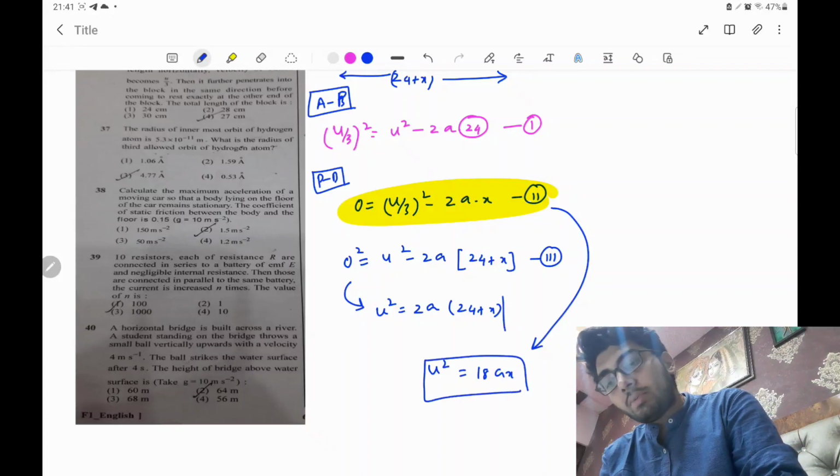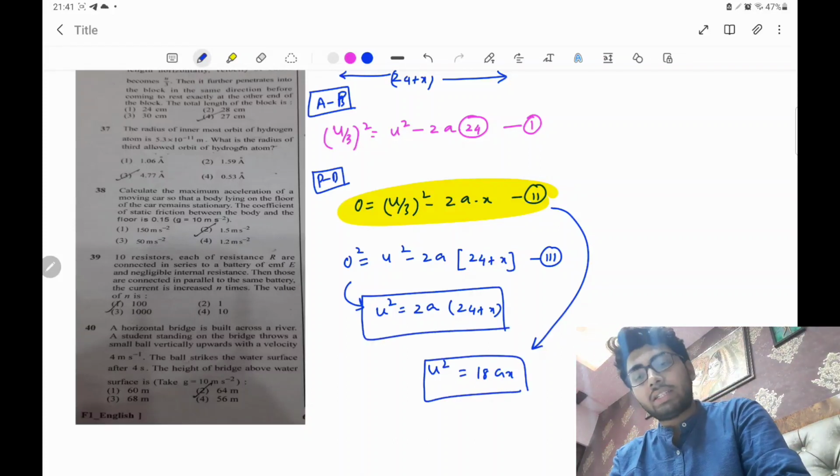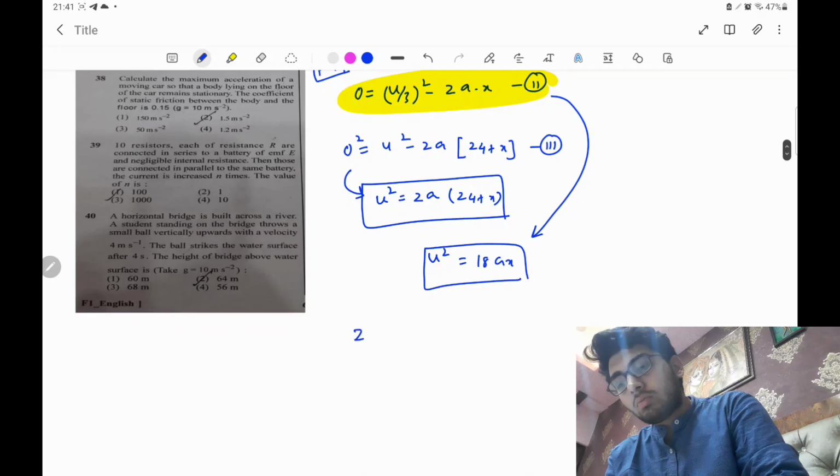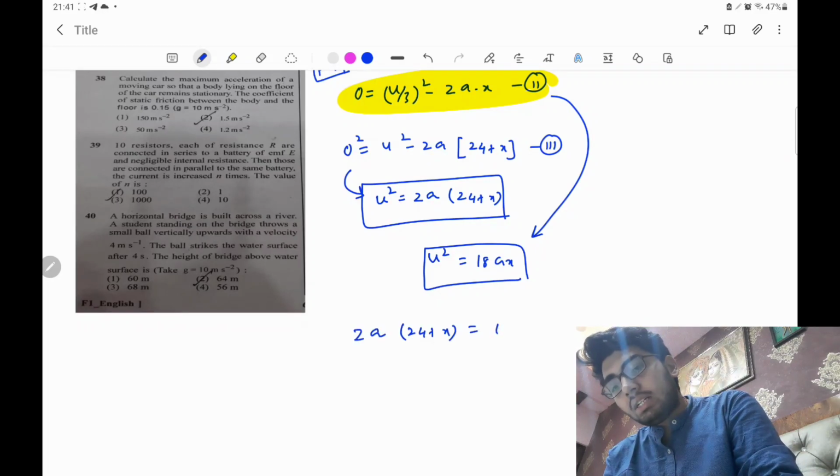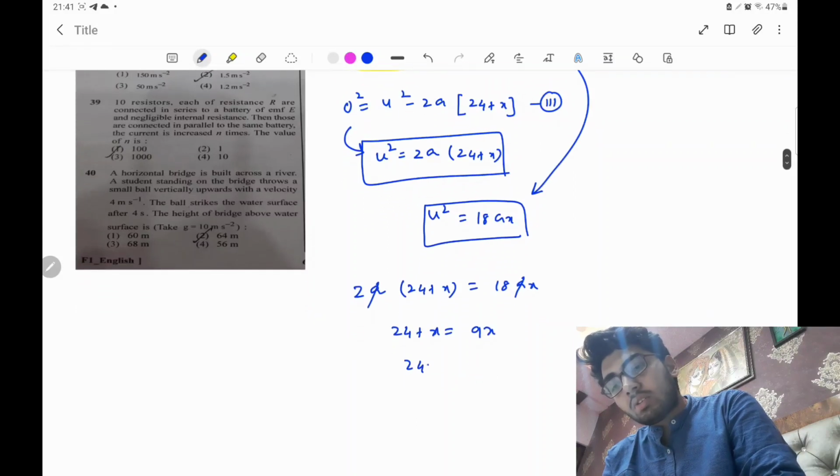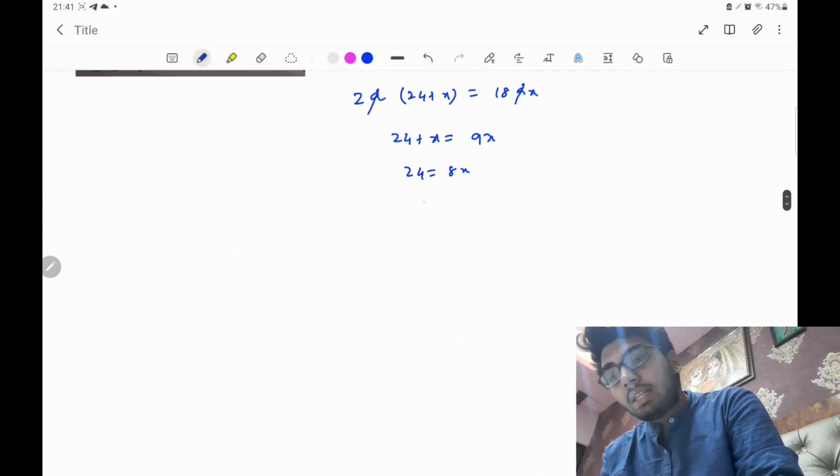And according to the other equation, u square equals 2a into 24 plus x. Just equate them: 2a into 24 plus x equals 18ax. So a gets cancelled, so 24 plus x equals 9x. That means 24 equals 8x, and x equals 3 centimeter.